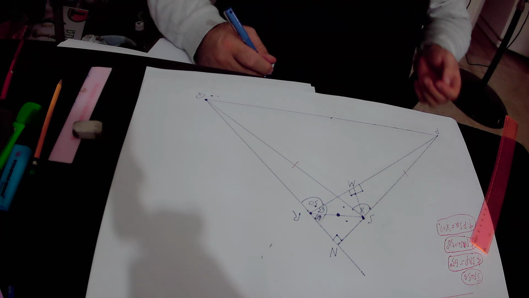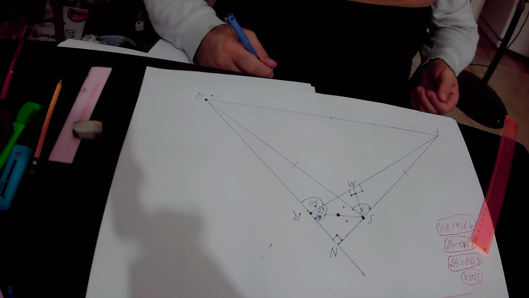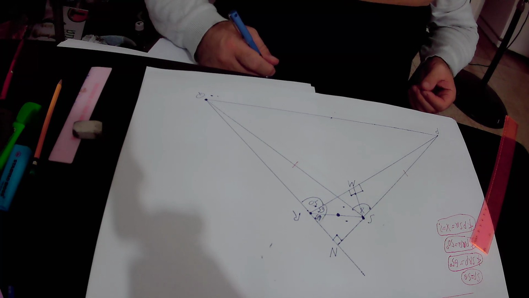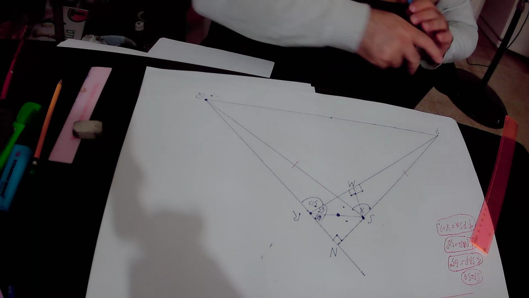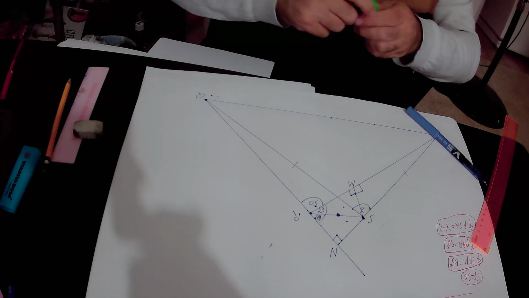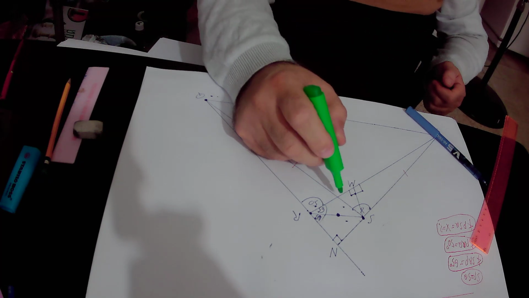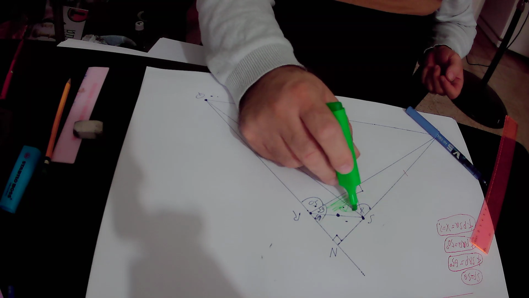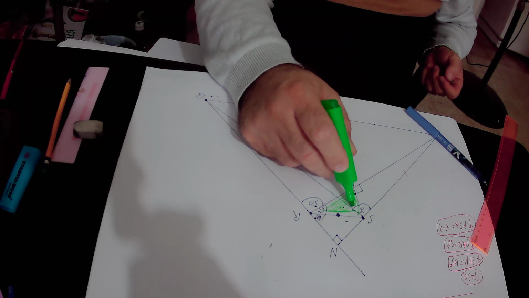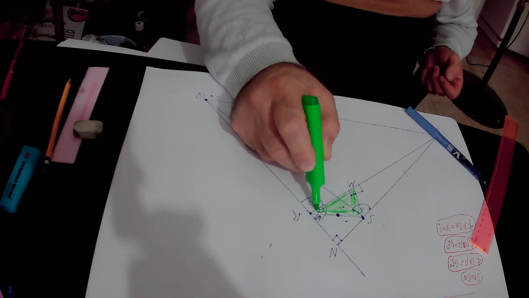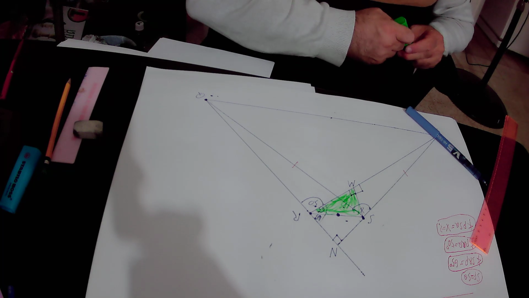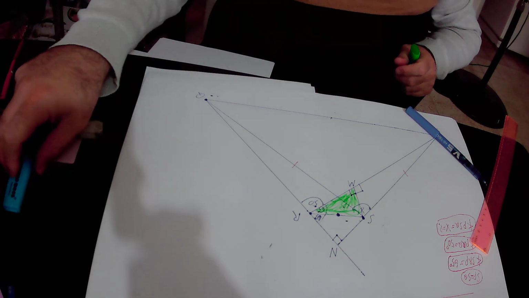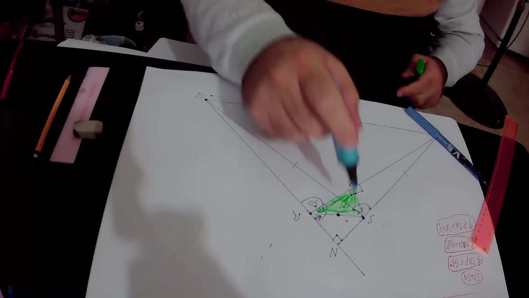Okay. So in the next step we will focus on the right small triangles: the right green triangle SMR, and the right blue triangle SNR.